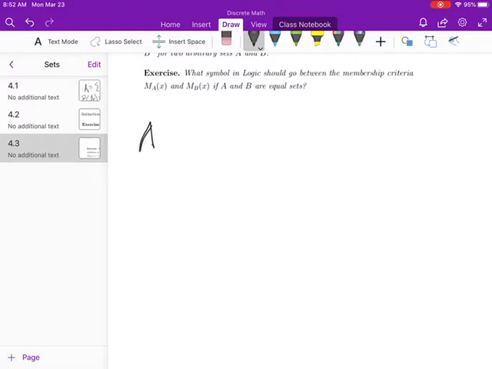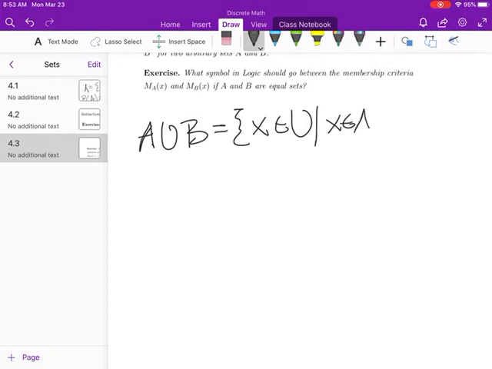So if I have a set A union with a set B, that's going to be the set of all elements in our universe such that the element is in A, or the element is in B. That's it.